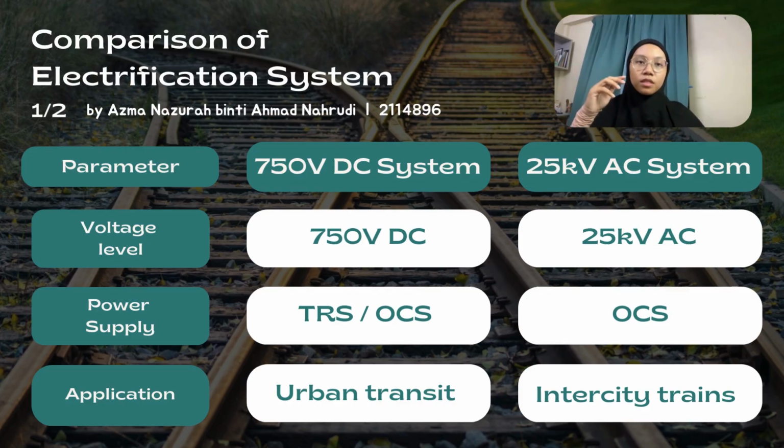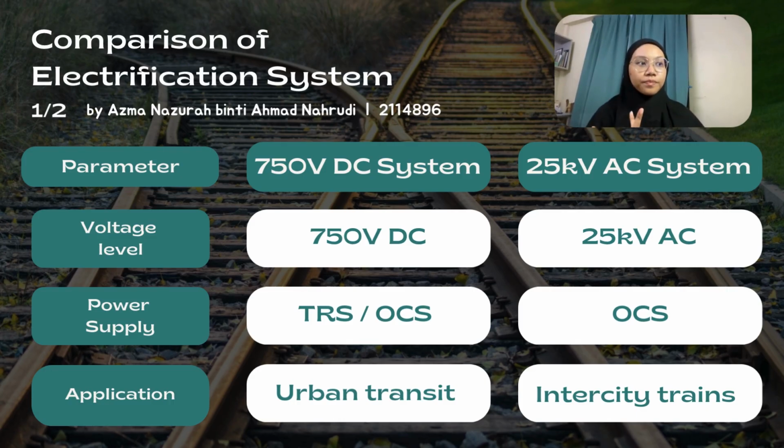When the distance is shorter, we need quick acceleration and deceleration because we don't have time to wait. So this DC system only needs a little voltage, and it requires a huge amount of current to create the same power. Remember our equation, P equals IV: when V is small, I is high. More current creates more losses.